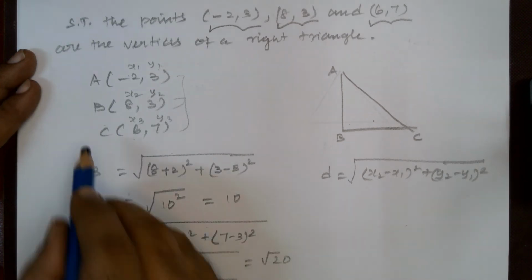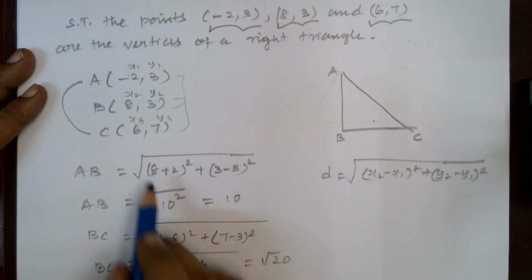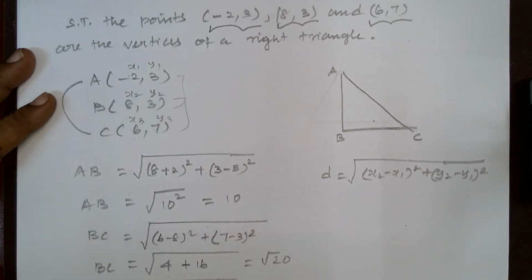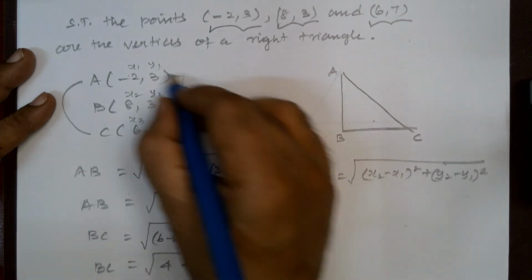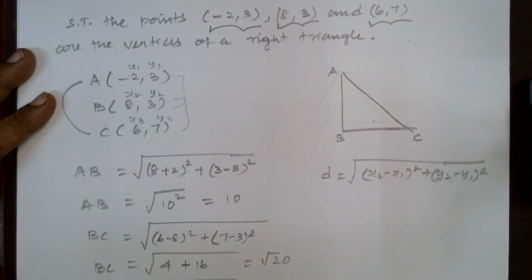AC means we have to connect these 2 points. So 6 minus of minus 2 the whole square plus 7 minus 3 the whole square. Okay.